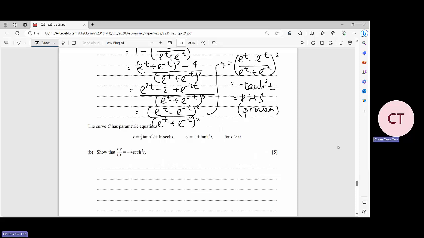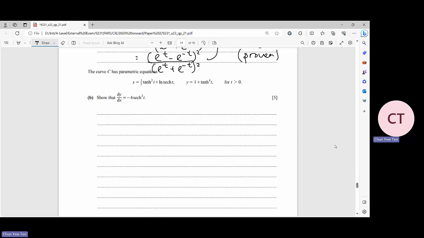Now we move on to part B. Differentiation of parametric equations. We need to find dx/dt and dy/dt. This one we need to differentiate directly. You have tanh t, differentiate tanh, you get sech squared. Then ln sech: differentiate sech, you get this one, just copy down sech t, divide.